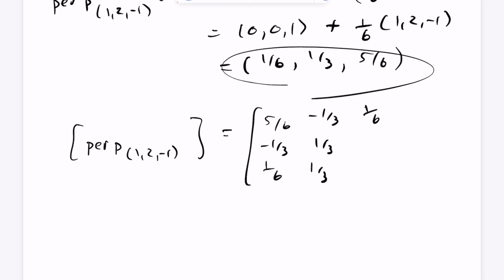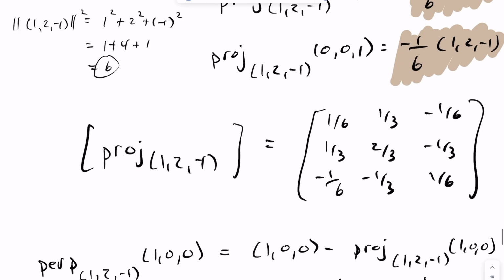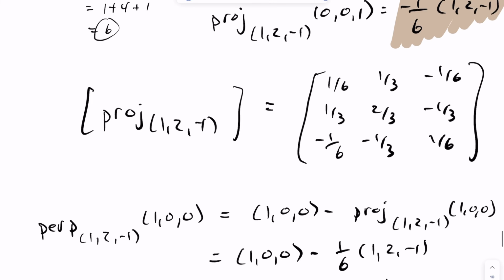And lastly, 1/6, 1/3, and 5/6. And this ends up being our perpendicular projection matrix here.